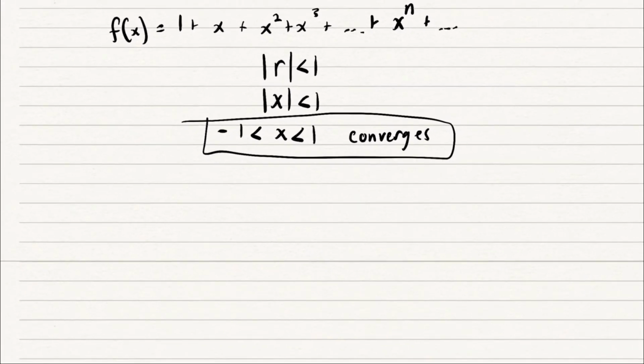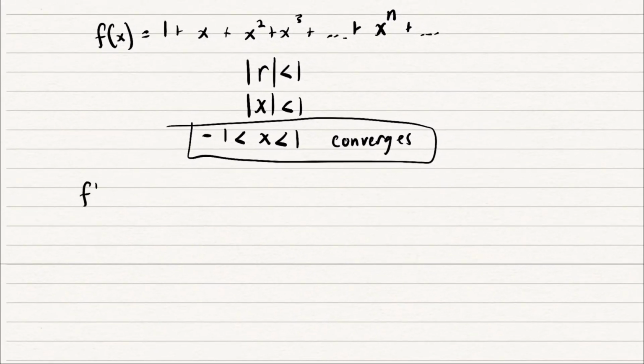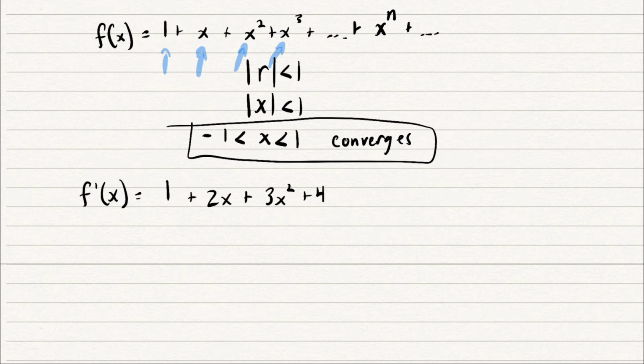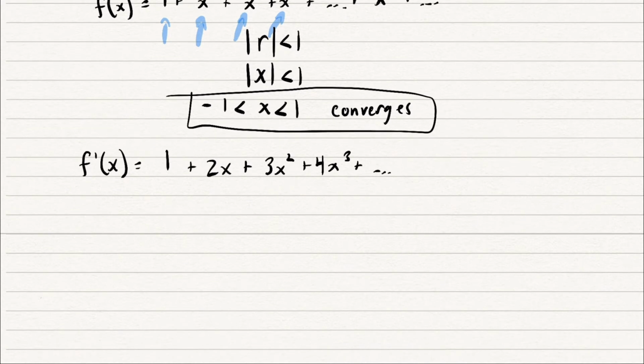Now, I'm going to keep that in the field of view, so f prime of x is going to be equal to, well, I'm going to work on each term. The derivative of 1 is nothing, so that's 0. This is 1, this is going to be 2x, this is going to be 3x squared, so on and so forth. So this is going to be 1 plus 2x plus 3x squared plus 4x cubed plus dot, dot, dot, and then plus n times x to the n minus 1 plus dot, dot, dot.